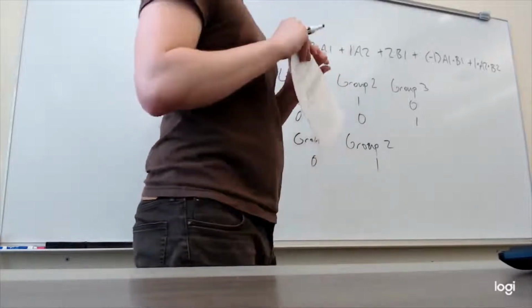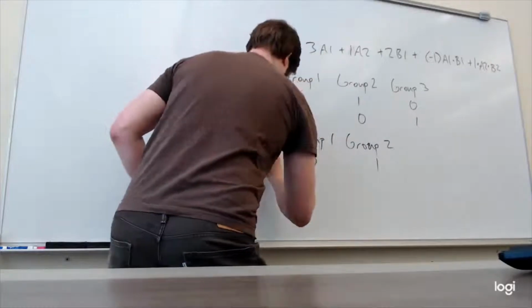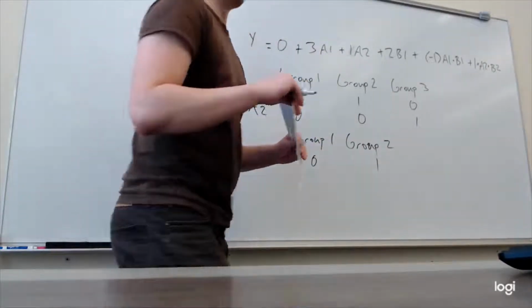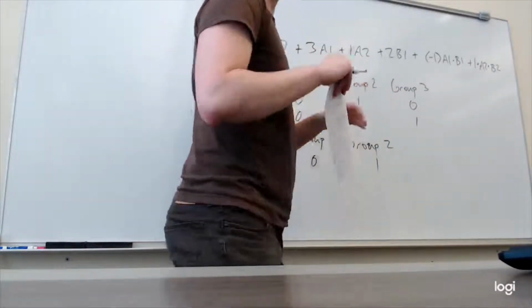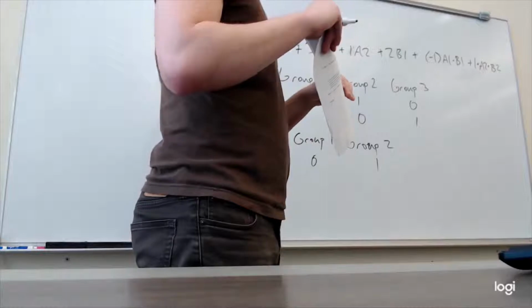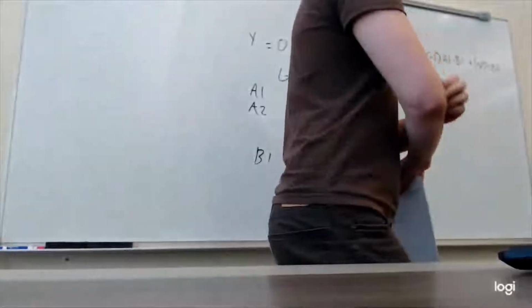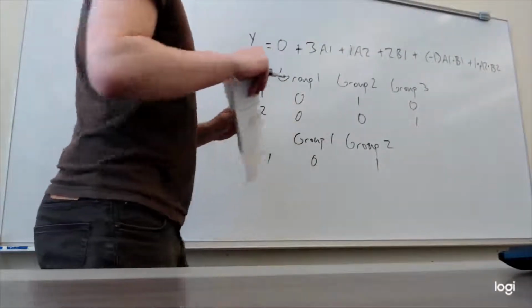Group 1 versus group 2. Great. And B1? It's group 1 versus group 2. What else should we know about these contrasts besides what they're comparing? Perfect. So the reference group is 1 in each case.